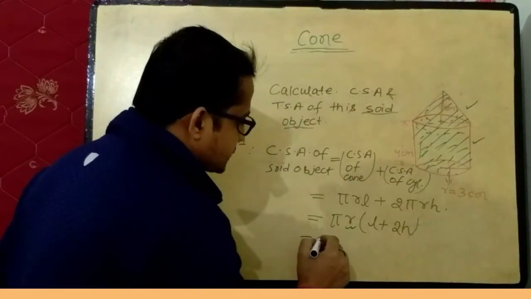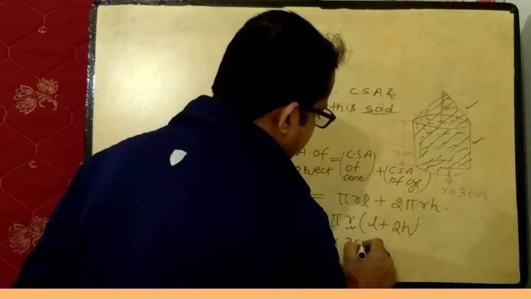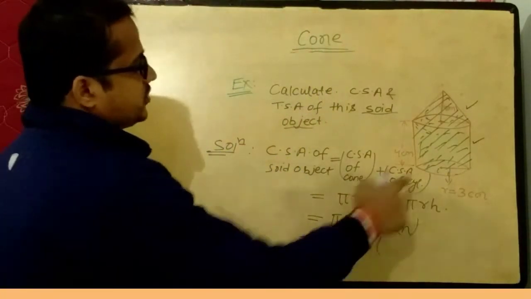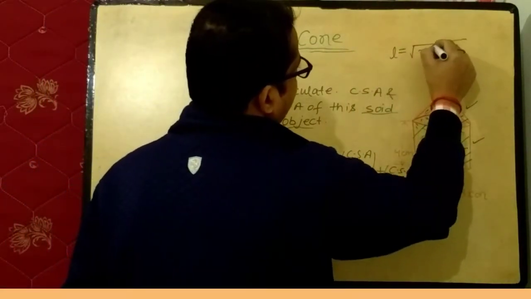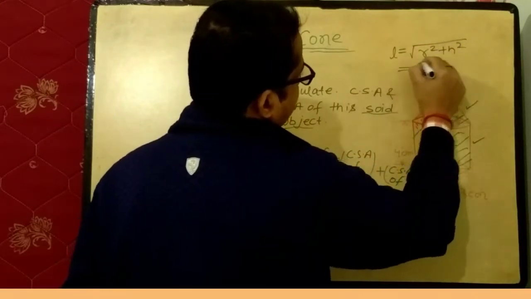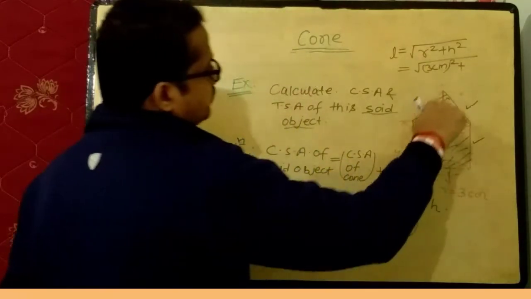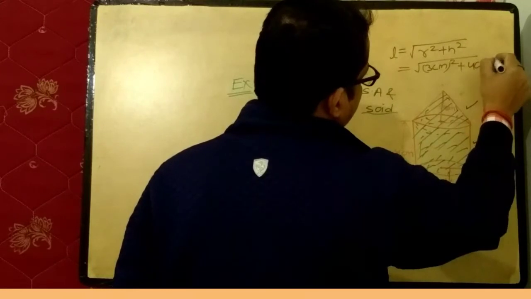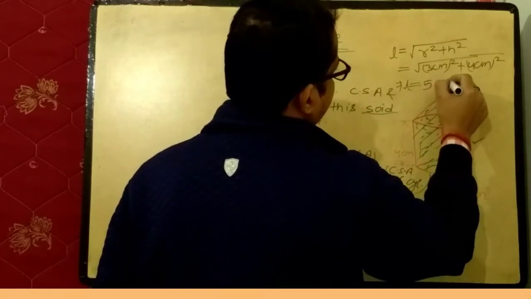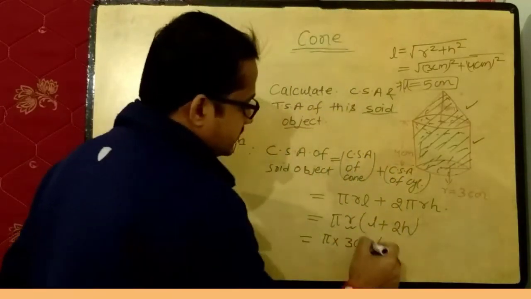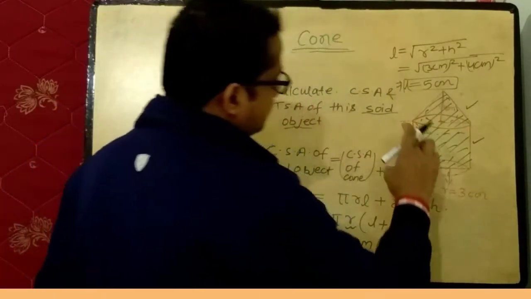Now put respective values. Pi into the value of r, 3 cm, and in order to calculate this slant height, L equals root over r square plus h square. The value of r is 3 cm square plus the value of h is 4 cm square. If you solve it, you will get 5 cm. Then put here 5 cm plus 2 into h.